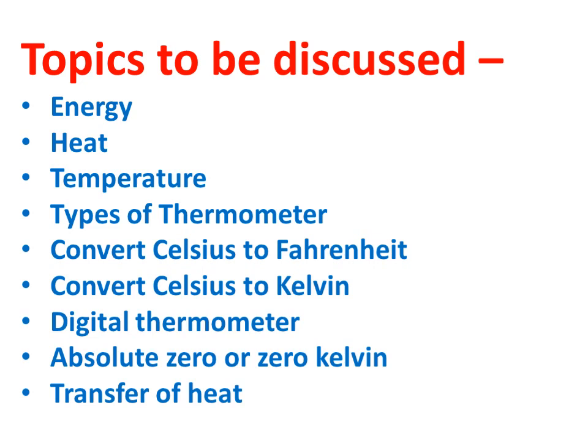Digital thermometer, what are digital thermometers? What is absolute zero or 0 Kelvin? And in the last we will discuss transfer of heat, and at the last we will discuss the homework solution of lecture 6. So let's start.